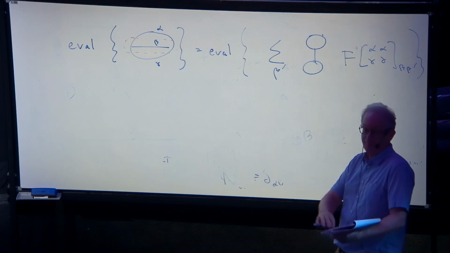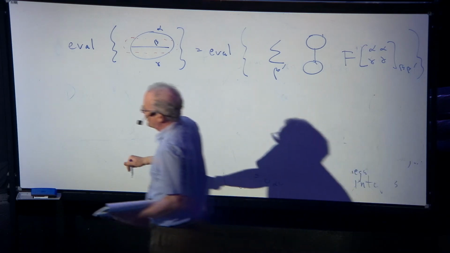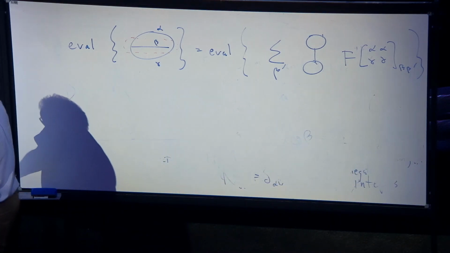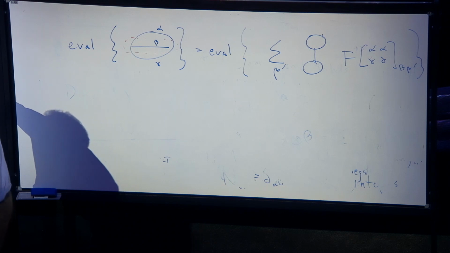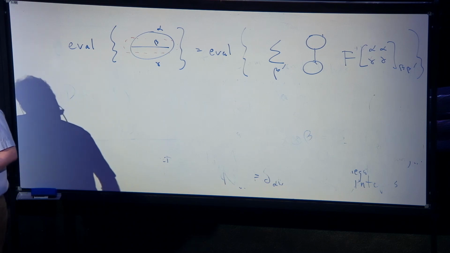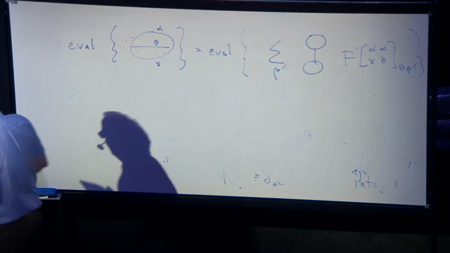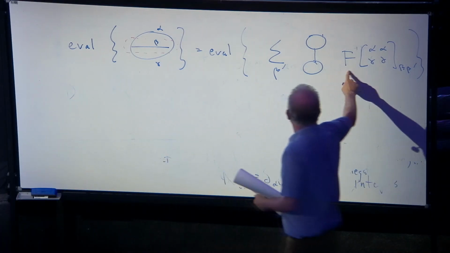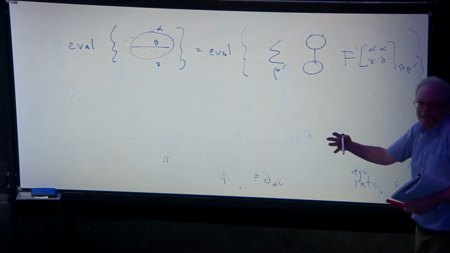If you've heard of the pentagon equation, that came up in Moore and Seiberg saying these F symbols have to satisfy certain identities, because I can start with this complicated graph, and first use the F move on that bit, and then that bit and so on, but I can do this in any order, and it's not at all obvious that there are values of F that give you the same answer no matter how I do it.